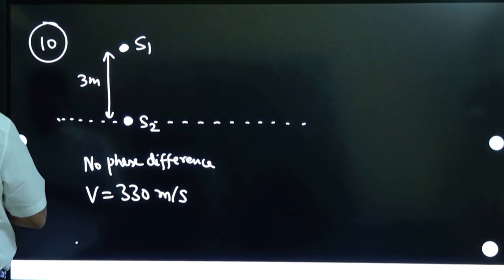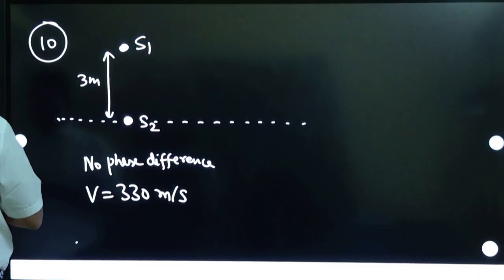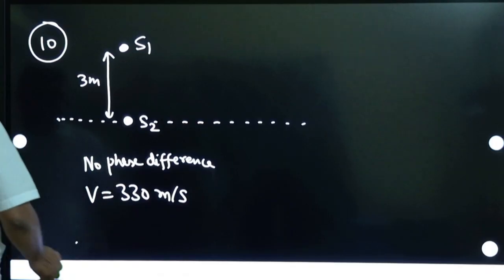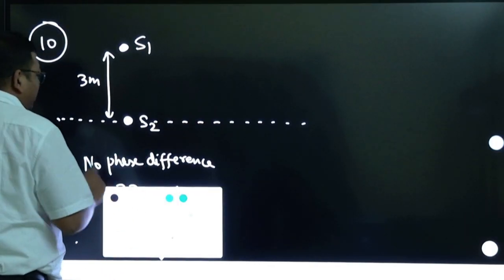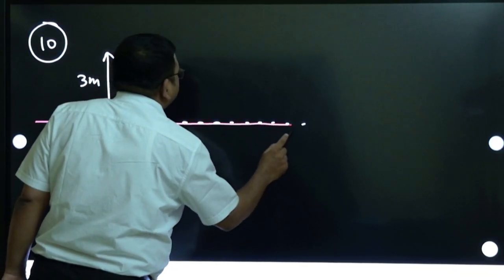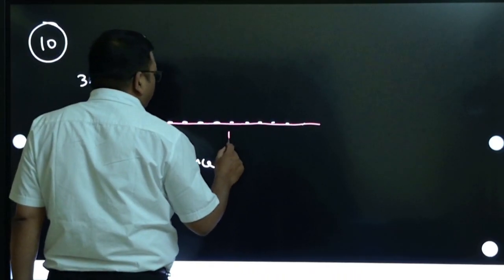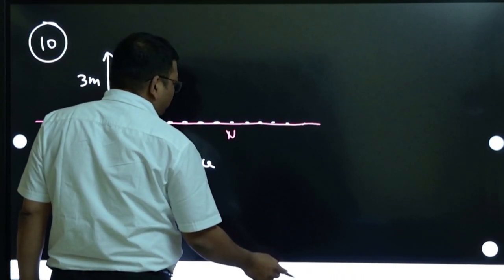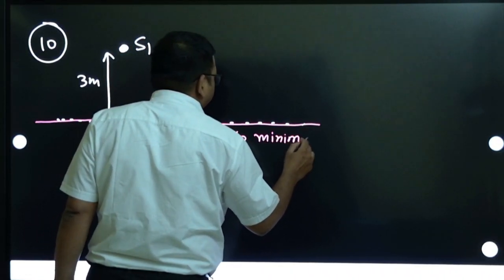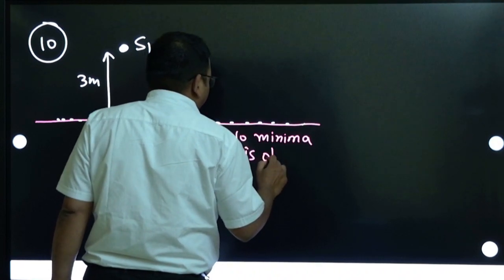No minima is observed on the line passing through S2 and perpendicular to the line S1S2. Estimate the possible frequency of the source. They are saying that if you move along this line, there is no minima. No minima is observed.